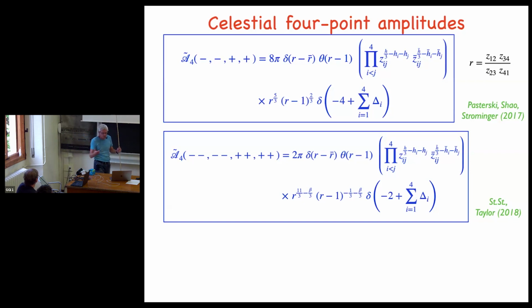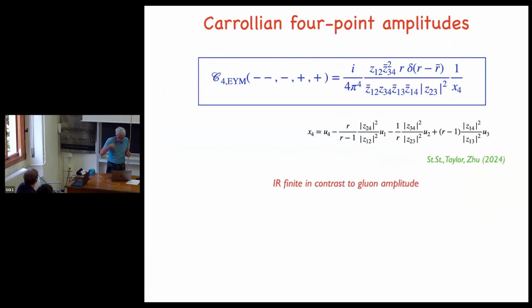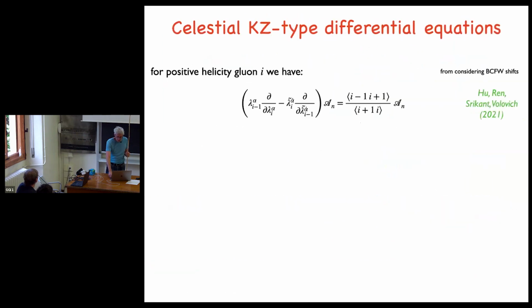And now we say, can we look at something which mimics the properties of this Carrollian amplitude? So we go one step backwards and set up this differential equation.